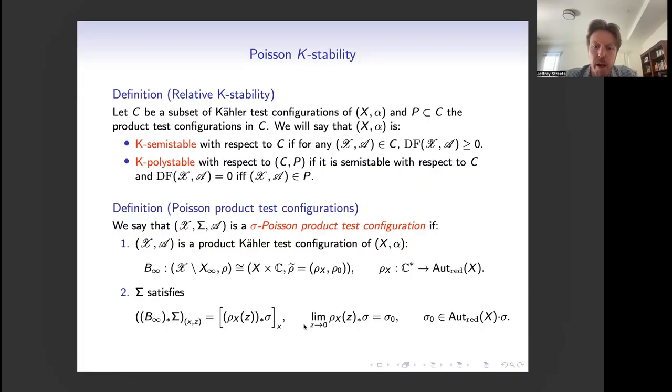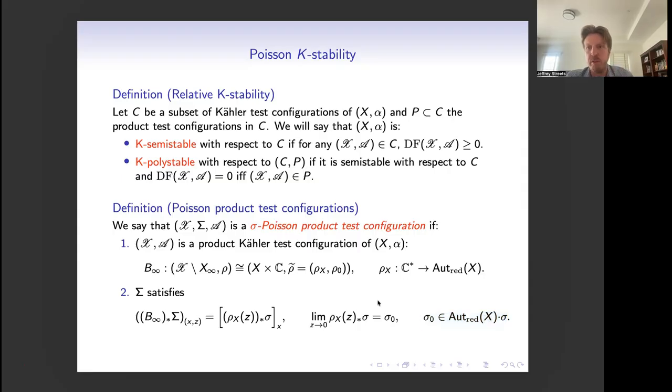But then the key point for us is that the limit as you approach the central fiber of this pullback, so this is really the Poisson tensor over the fiber at Z, should be some sigma naught, which lies in the orbit of the reduced automorphism group acting on sigma. So basically, we're putting in by hand a Hilbert-Mumford stability criterion for what we mean by product Poisson test configurations.